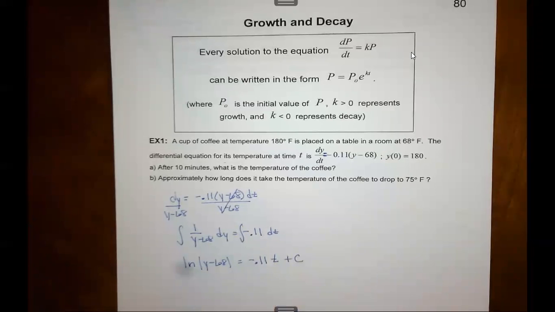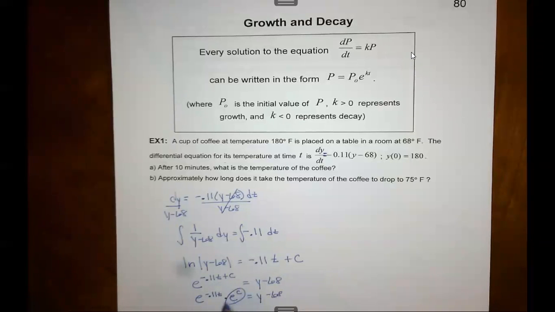Now, when they're asking us to write the equation, they're asking us for the general form, the general solution. And so we're going to go ahead and rearrange this so that we can get y by itself. So e to this power, e to the negative 0.11 t plus c power will equal y minus 68. And remember that this is e to the negative 0.11 t times e to the c, because the addition was multiplication before.